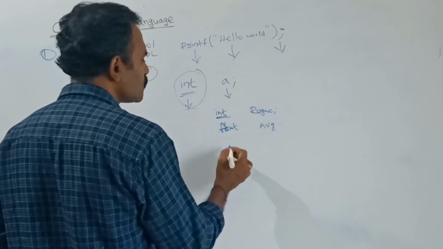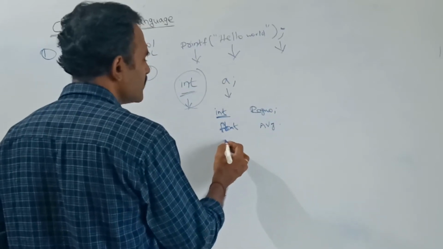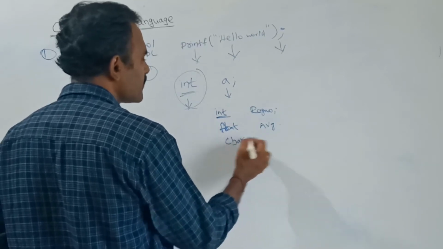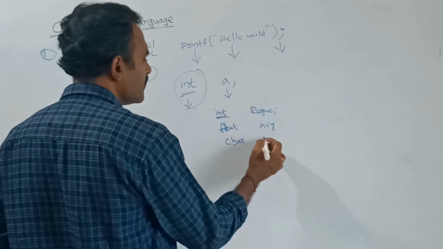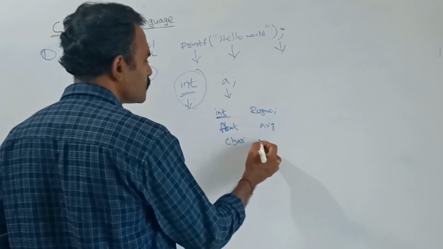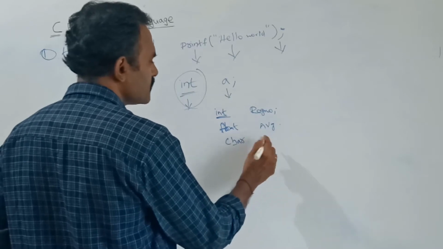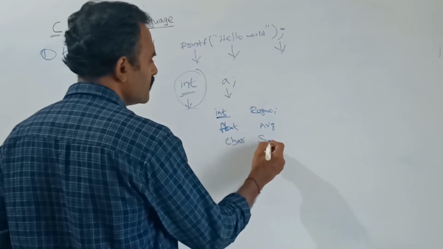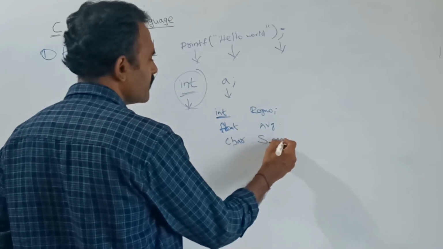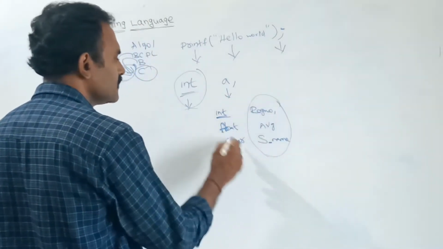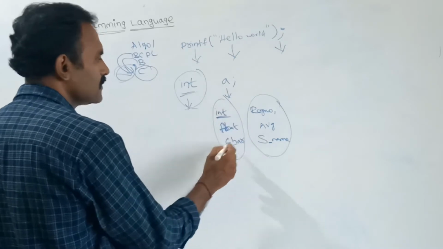Suppose I want to store the student name, here I can declare the data type as character. Character means we can declare the character letters or alphabets to the variables. For the student name, we can give S underscore name, anything we can give. See, these and all variable names, these and all data types.